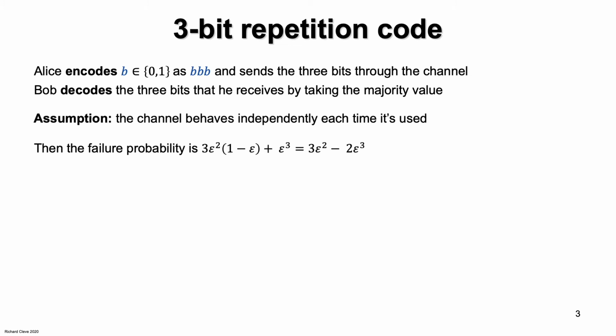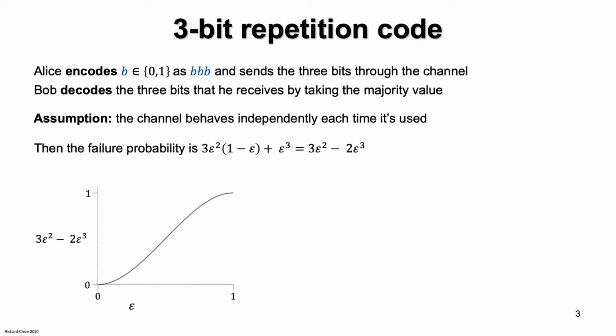Then the failure probability can be calculated as follows. There are 3 ways that 2 bits can be flipped, each occurring with probability epsilon squared times 1 minus epsilon. And there is 1 way that all 3 bits can flip, occurring with probability epsilon cubed. This simplifies to 3 epsilon squared minus 2 epsilon cubed.